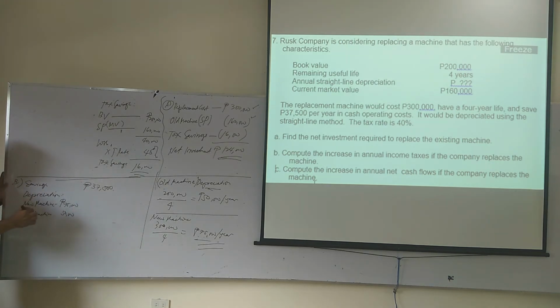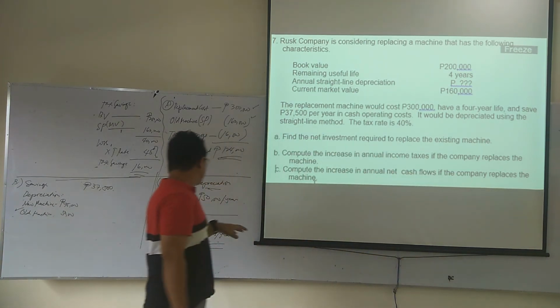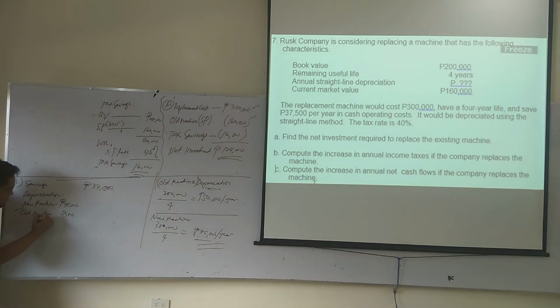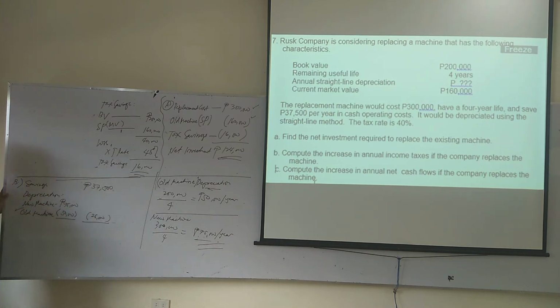We consider the old machine's depreciation because the issue here is what is the net increase assuming that we replace the machine. Look at the problem here. If the company replaces the machine, that means this is still part of our consideration. If we are going to replace, what is the net effect? The depreciation is 75,000 for the new and 50,000 for the old. That means the net depreciation is 25,000.